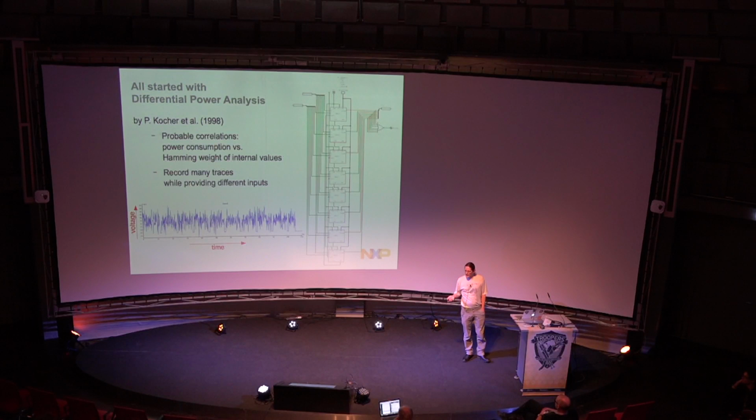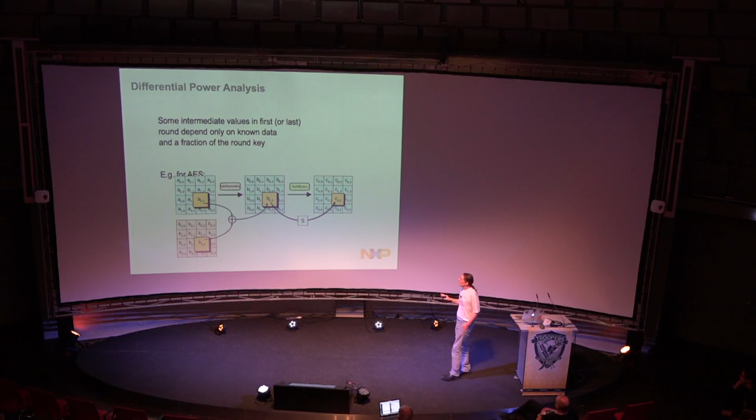And then comes the crypto part. I mean, okay, you recorded some stuff that depends on some intermediate value. How can you get a key out of this kind of information? Well, look, for example, at the very beginning of the IS encryption.